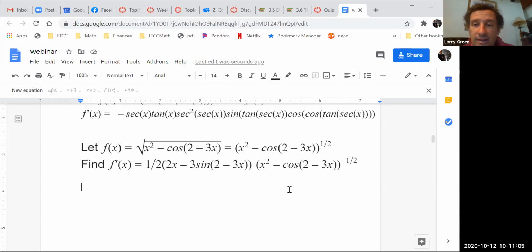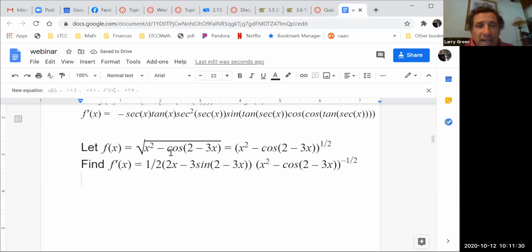That would be wrong. So it depends on what you mean by separate. What I did is I said I'm going to take the derivative of x squared first, which I did, and I got 2x. And then I'm going to take the derivative of the cosine of 2 minus 3x, and then subtract, and that's the subtraction rule for derivatives. And that you're always able to use a subtraction rule.